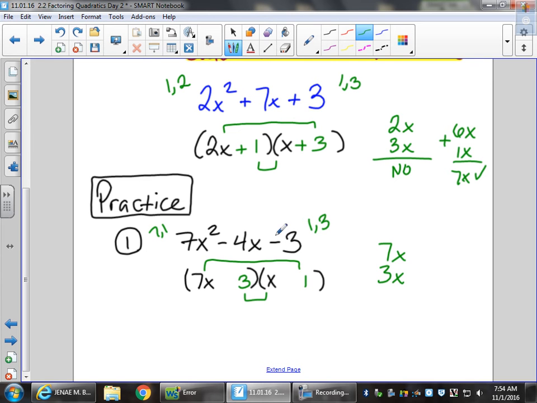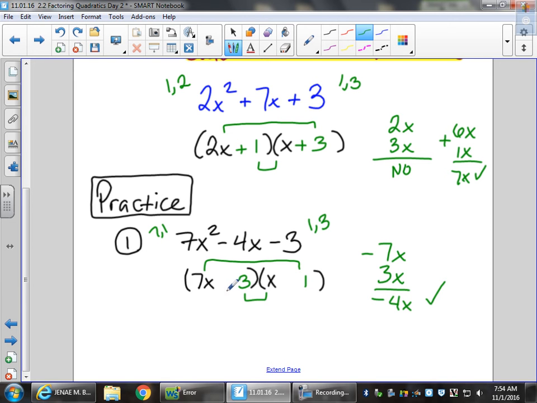Now let's take a look at C. What is C? Negative. Negative, which means what about one of these? 1 is negative. So one of these has to be negative, and I'm trying to add to a what? A negative 4. So to get a negative 4 out of this, which of these has to be negative? The 7 has to be negative.